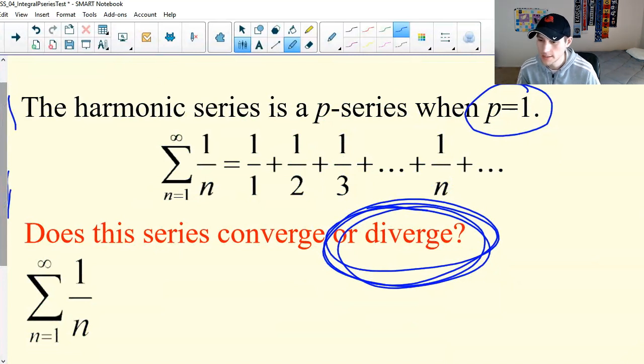Isn't there an actual answer to what it equals, though? No, there is not. It diverges. Not for this one.